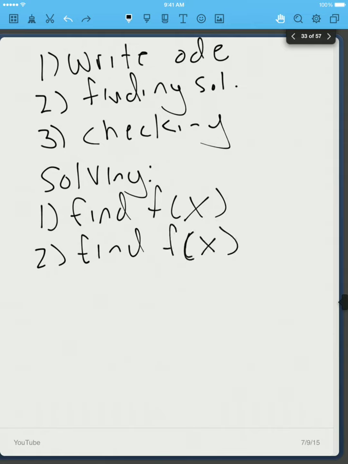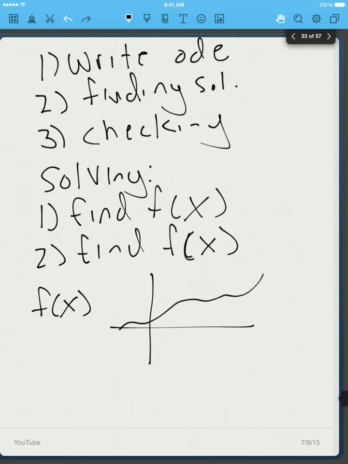So what do I mean by that? So if you find f of x, I'll be able to graph that guy, right? So basically, if you're trying to numerically find f of x, let's say f naught of x, so this is trying to find the numerical solution that is approximating f of x.